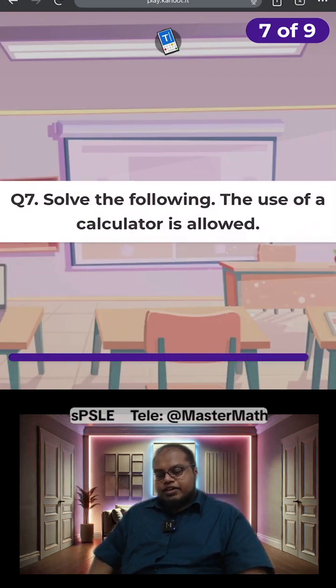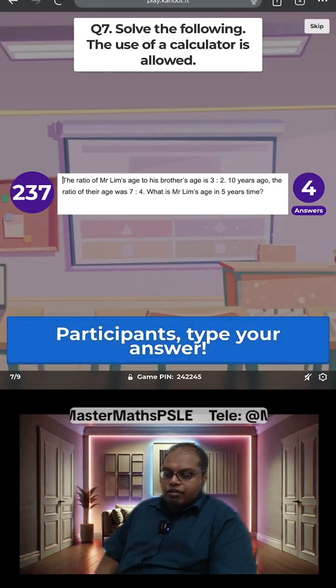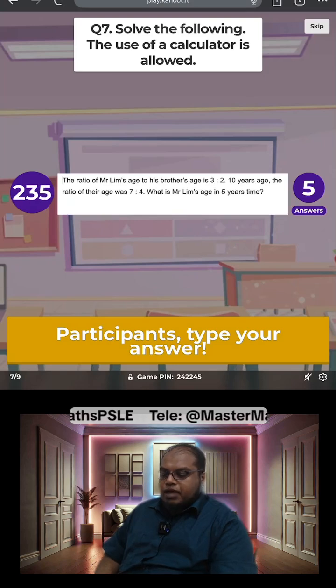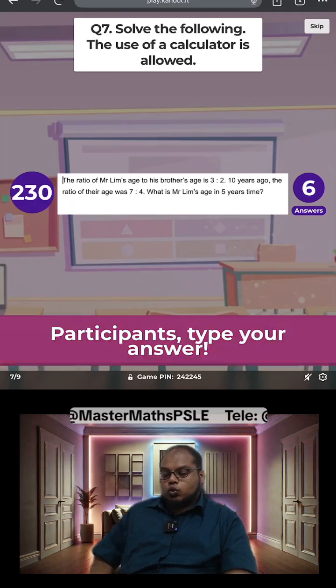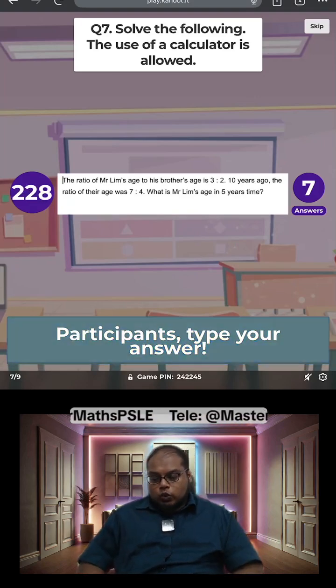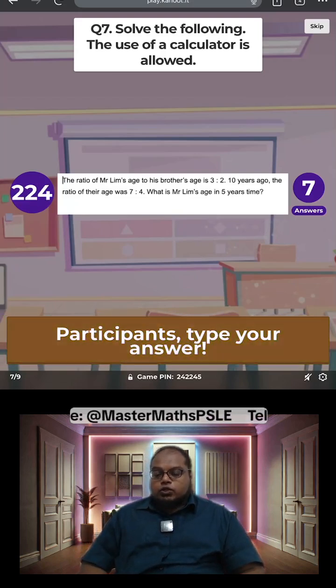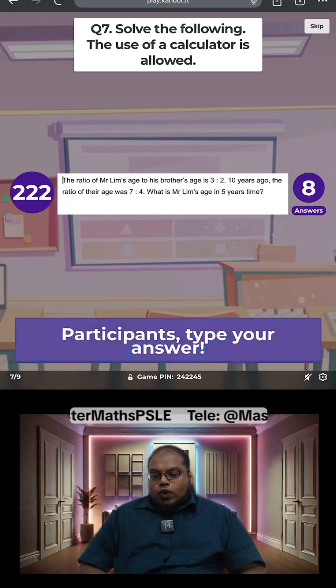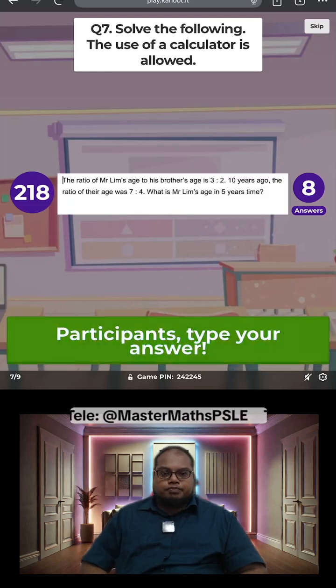Question 7. Solve the following. The ratio of Mr. Lim's age to his brother's is 3:2. 10 years ago, the ratio of their ages was 7:4. What is Mr. Lim's age in 5 years' time?